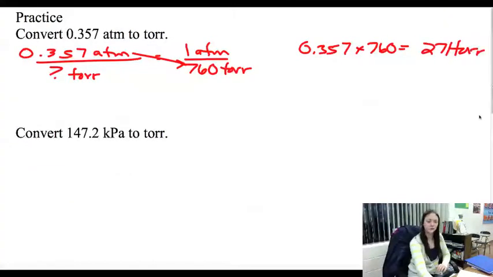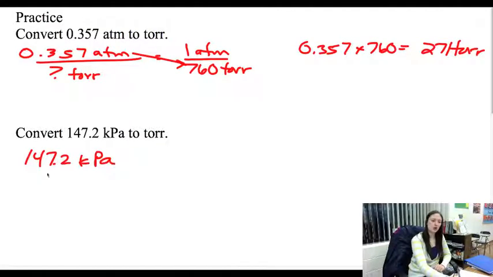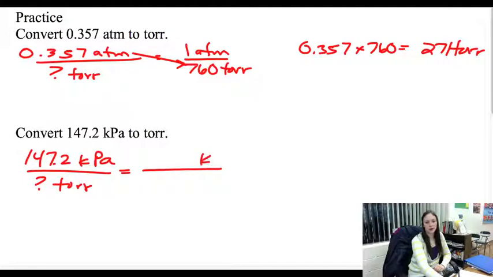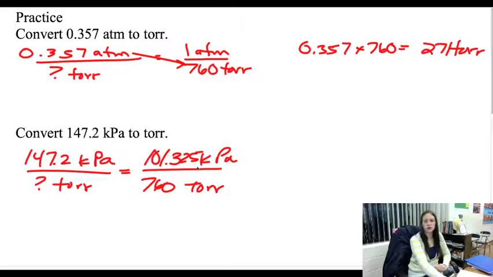So you can do the ratio if you would like, or you can just think about whether you're multiplying or dividing. All right, so the next one, we've got 147.2 kilopascals, and I want to know how many torr that is. Well, in my proportion, you're going to end up with kilopascals and torr. Well, 101.325 kilopascals is the same thing as 760 torr. They're one and the same. You don't always have to have a 1 there.